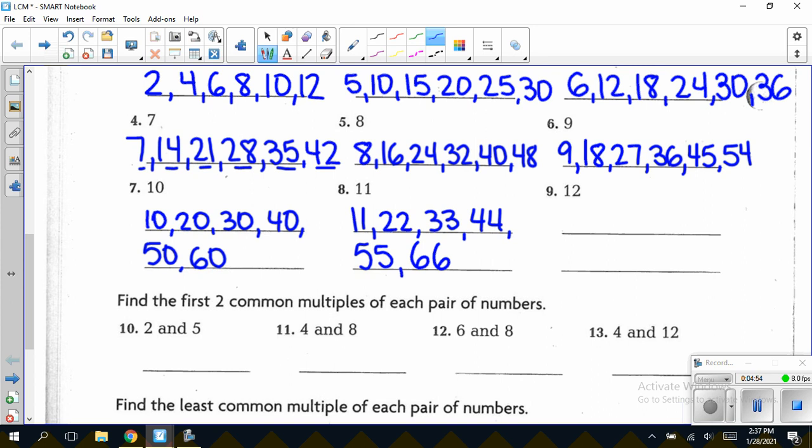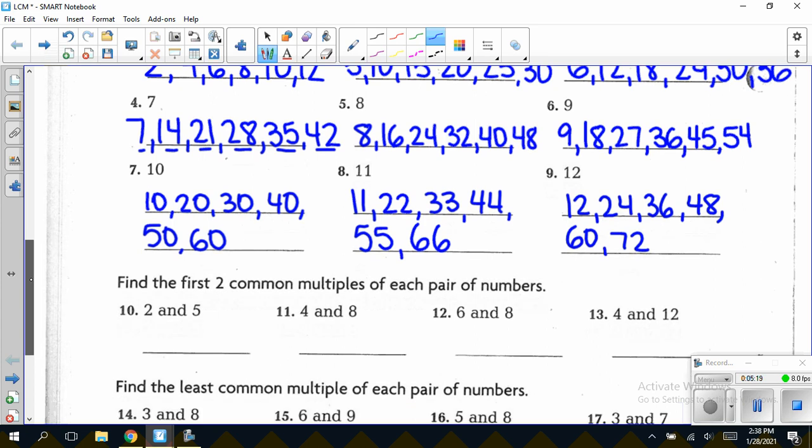And lastly, I have counting by 12s. So 12, 24, 36, 48, 60, and 72. So again, when you count by that multiple, you are taking that number and you keep multiplying by 1 through however high you would have to go.